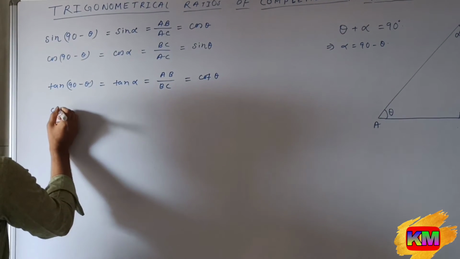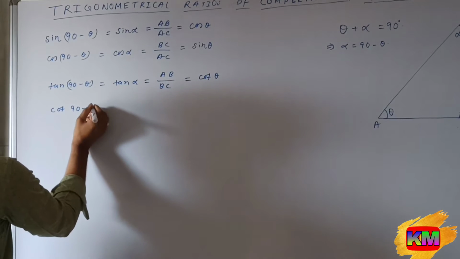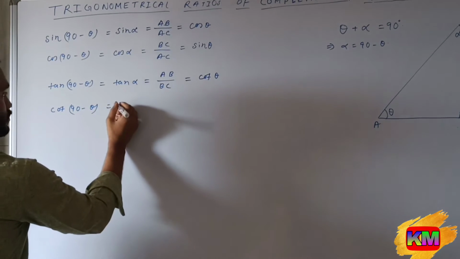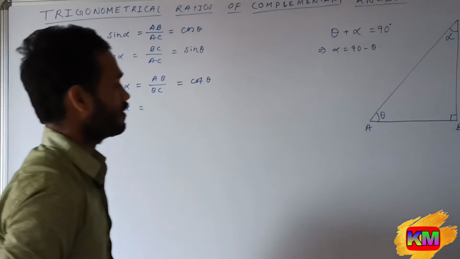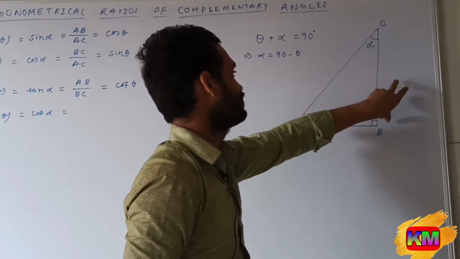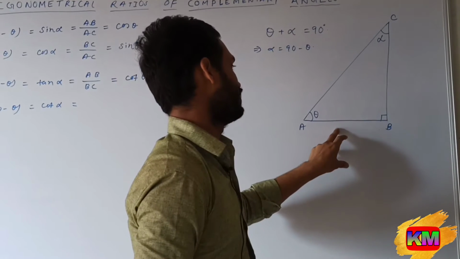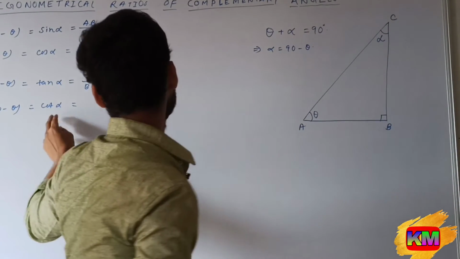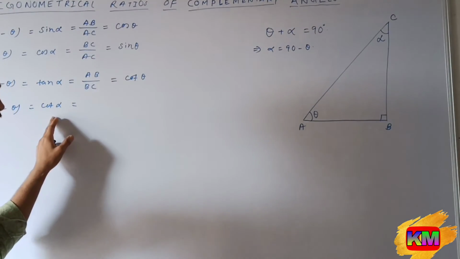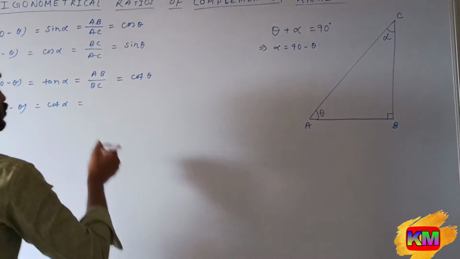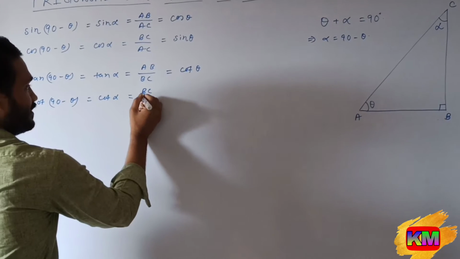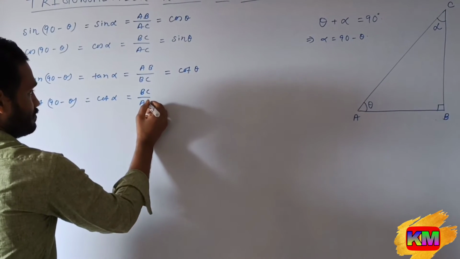Similarly we can see cot 90 minus theta equals cot alpha. For angle alpha, this is base and this is perpendicular. So cot alpha equals base divided by perpendicular, which is BC divided by AB.